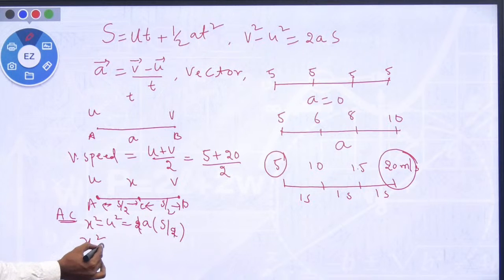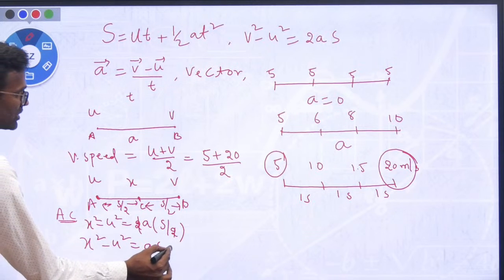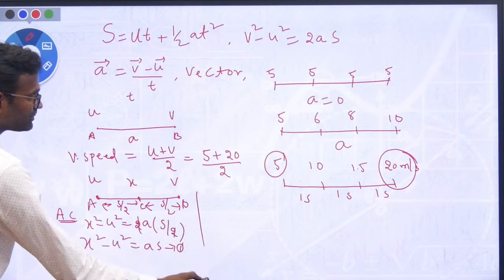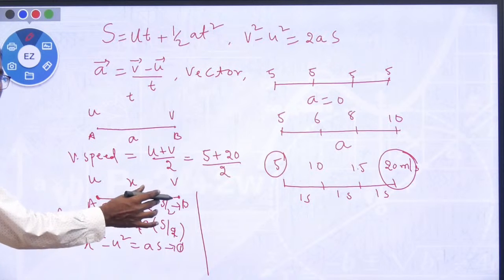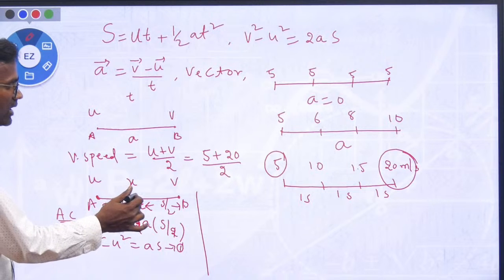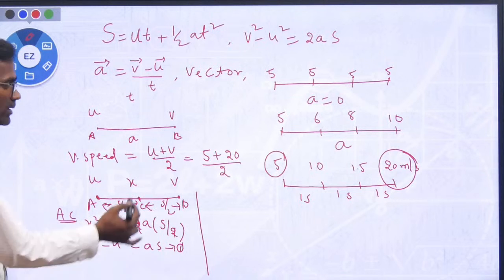Therefore x square minus u square equals as. This is equation number 1. Now apply the same thing for the second half, the other s by 2 distance from C to B.